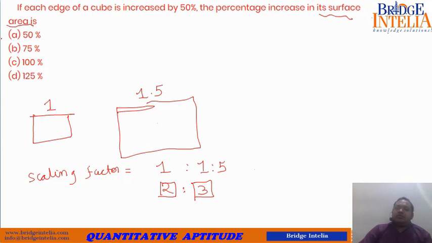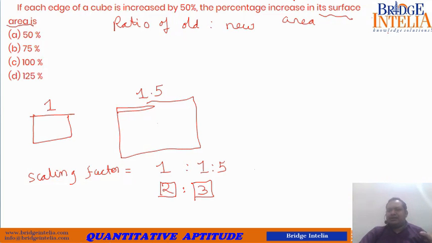Even if you do not remember the formula for surface area, or even if you do not understand what is surface area, this question could have been solved. If only you realize that area is a two-dimensional thing and scaling factor is 2 is to 3. So ratio of old is to new area, whatever area, surface area, lateral area, total area, doesn't matter. Area itself is a two-dimensional thing.